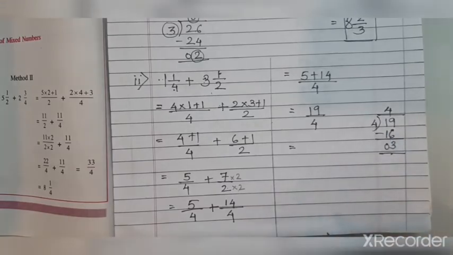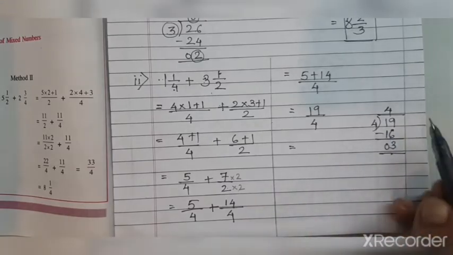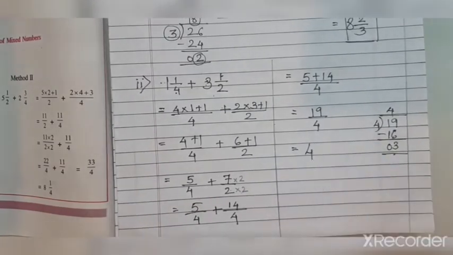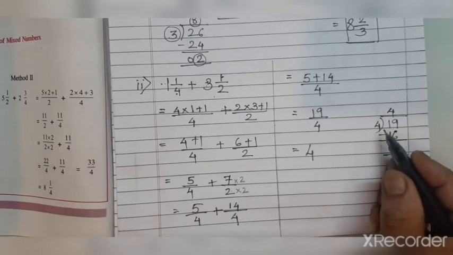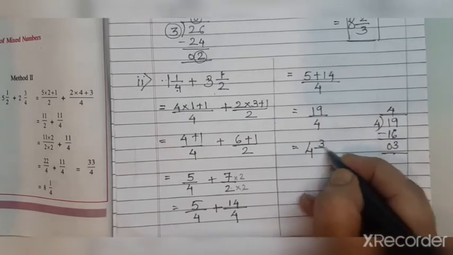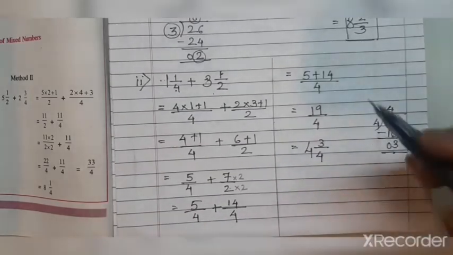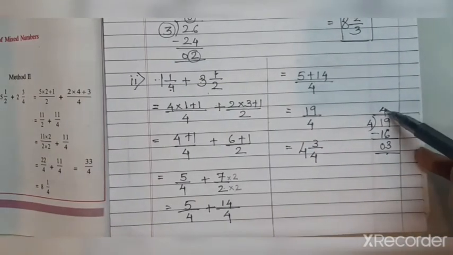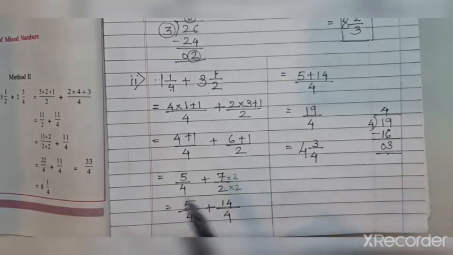So there is a way of writing a mixed number: we write the quotient, quotient is 4, then we write remainder upon divisor, so 3 upon 4. So this is our mixed number, 4 3 upon 4. So this is our full sum here.